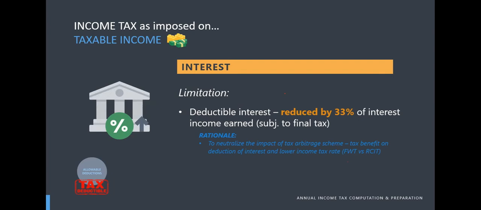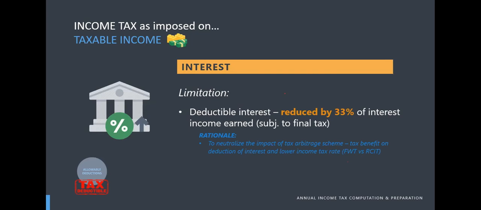Companies tend to apply for loans to get interest expense benefit. Kasi nga naman, if i-compare yung final tax related dun sa interest expense on loans, diba? Ay, interest income, 20% lang siya na final tax.